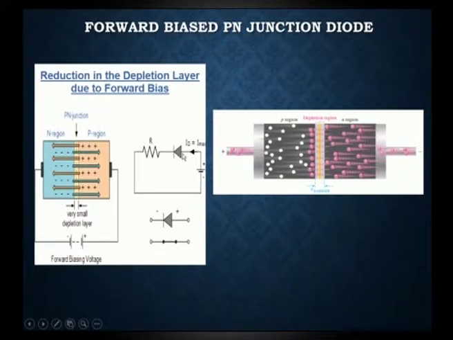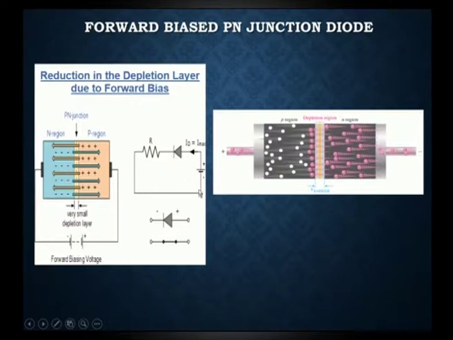Here this is the positive terminal and this is the negative terminal of the diode, and this arrow mark always indicates the direction of current, and the positive is connected to the positive of the voltage supply, and the negative is connected to the negative of the supply voltage.